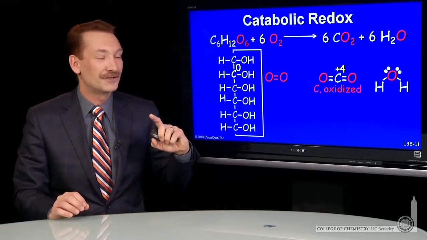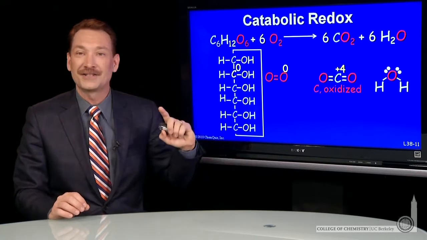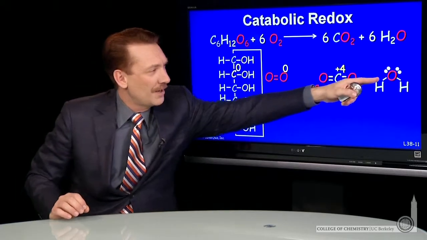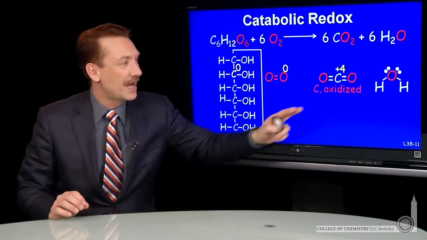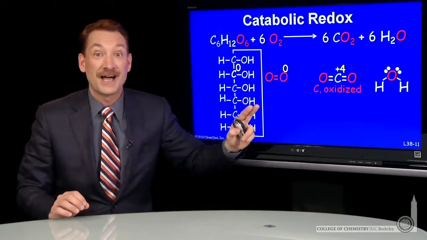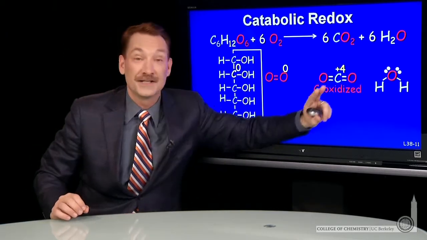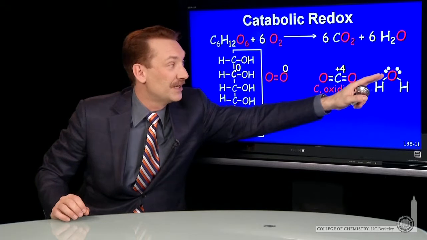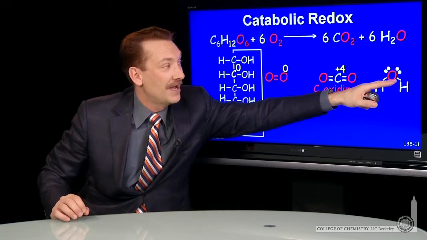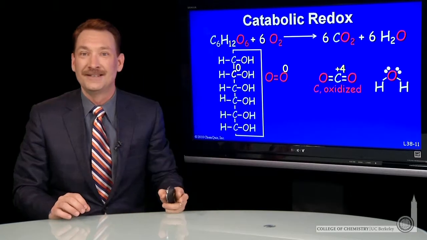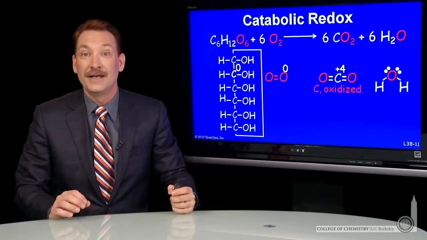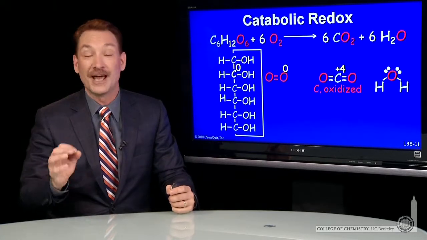Here's elemental oxygen, where the oxidation number is 0. And what about the oxygen over here? The oxygen in water, I assign all the electrons to the oxygen. It's the more electronegative element. So it has 1, 2, 3, 4, 5, 6, 7, 8 electrons around it. The atomic oxygen would have 6.